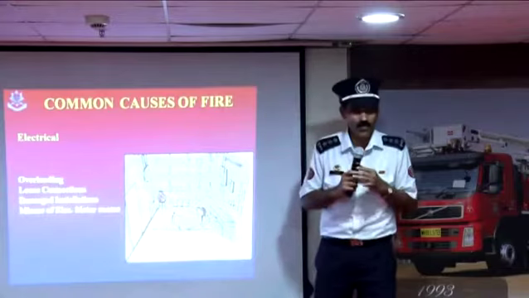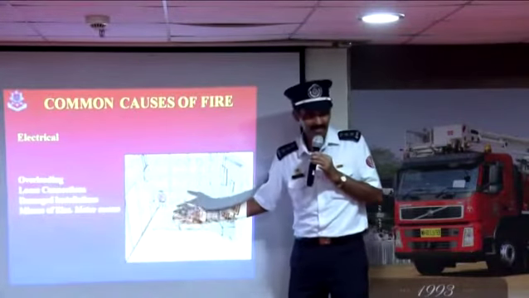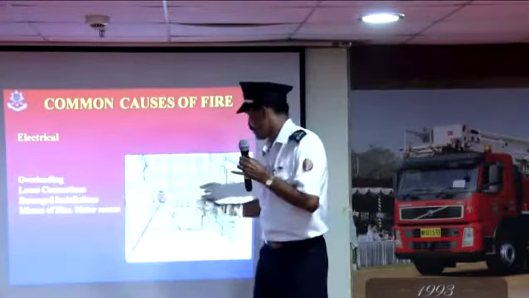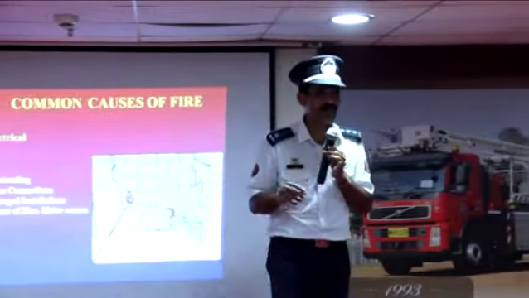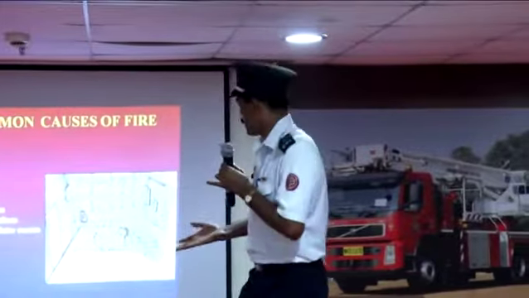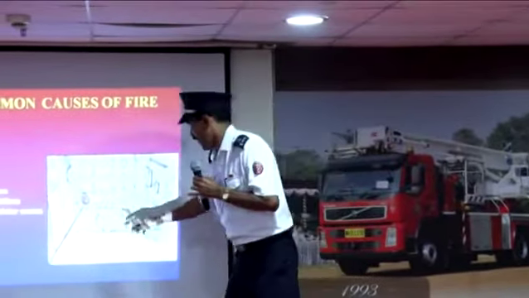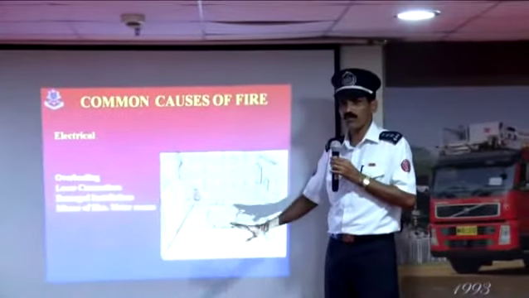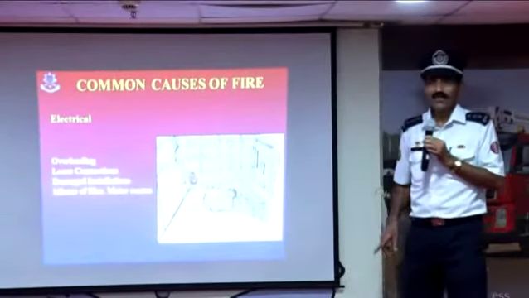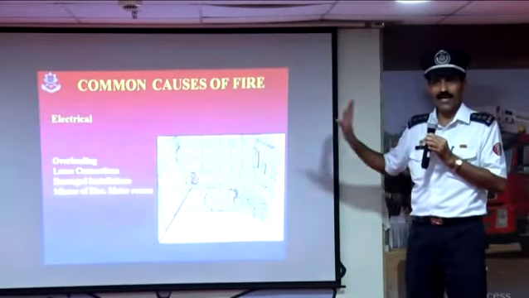If there is an overload, there will be an electrical spark, and due to this spark, fire starts in the scrap materials, cartons, wooden planks kept there. Misuse of electrical material, and he is even using a kerosene stove here.